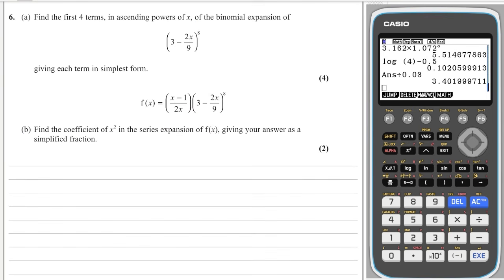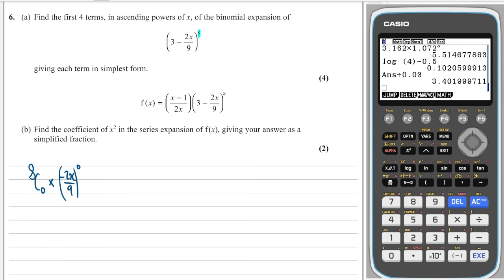Okay, we're done. Okay, here we have a binomial expansion, and we have the 8th power. So I will start by writing 8C0, and then I will multiply that by the x term, which is minus 2x over 9.